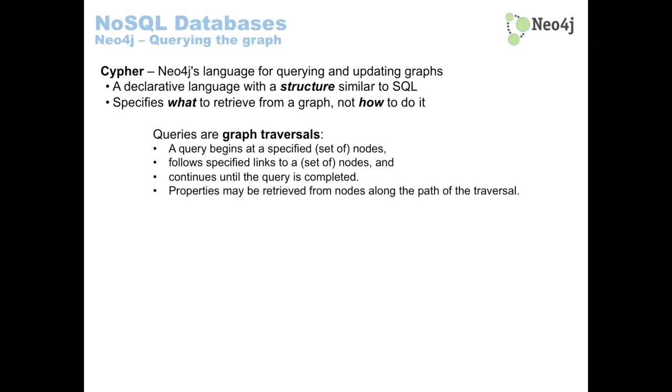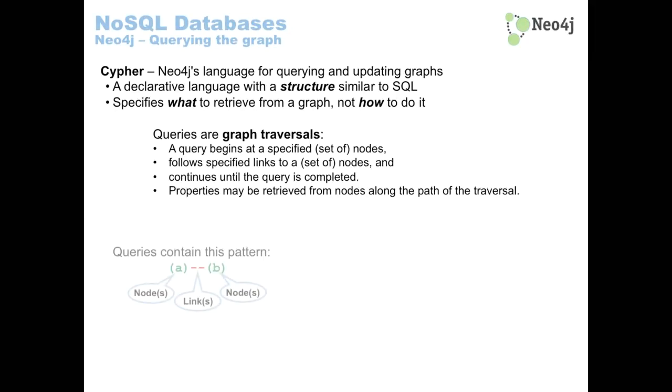A query of a database graph is a graph traversal, and it begins at a specified set of nodes. It follows specified links to a set of nodes, and then continues along the traversal until the query is completed. And then properties from the nodes along the path can be retrieved and reported back.